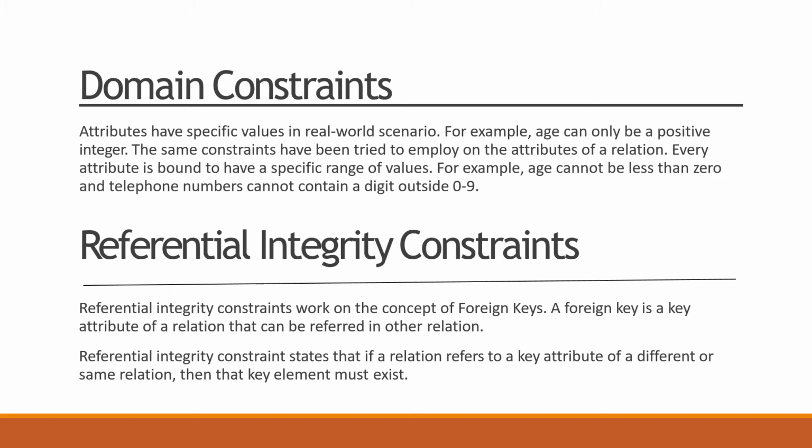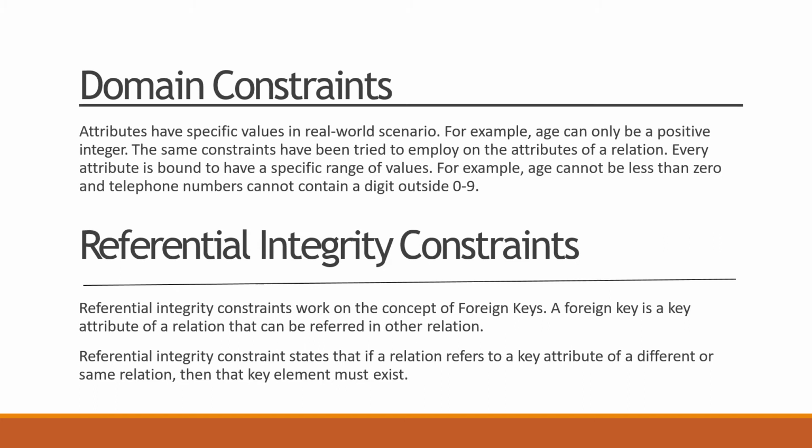So, for example, if we have two tables and one table is a weak entity, it is having a foreign key. Basically, one has the primary key, but the other contains the foreign key.